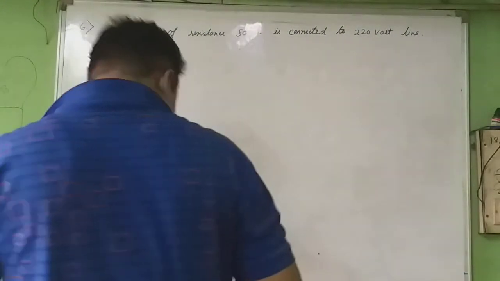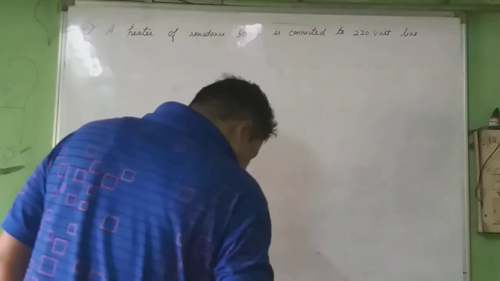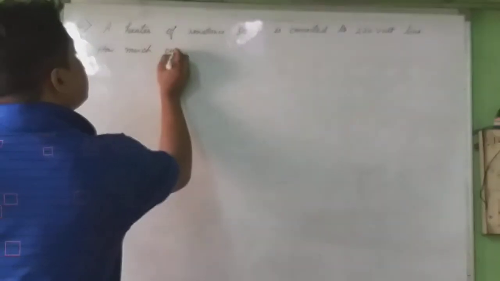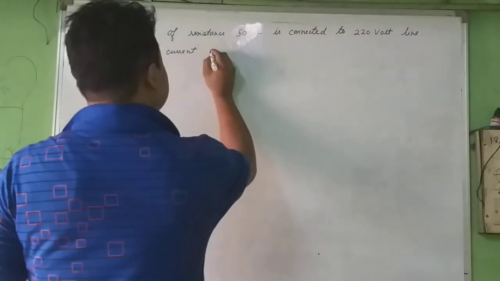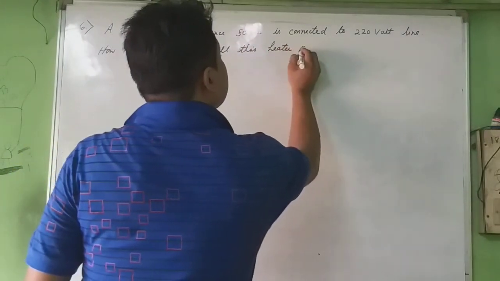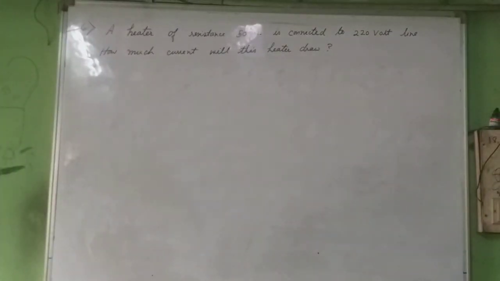How much current will this heater draw? A heater of resistance 50 ohm connected to 220 volt is the question. Connected to a 220 volt line. How much current will this heater draw?